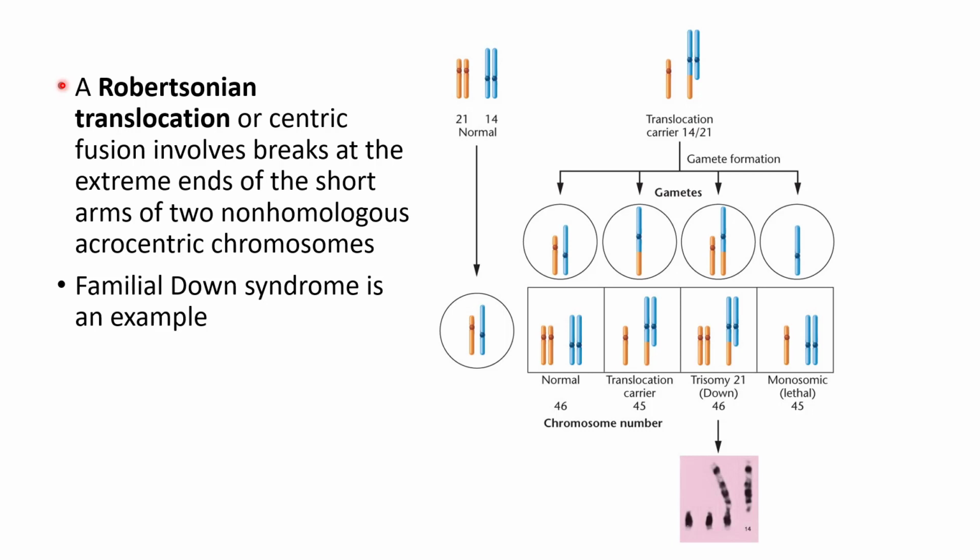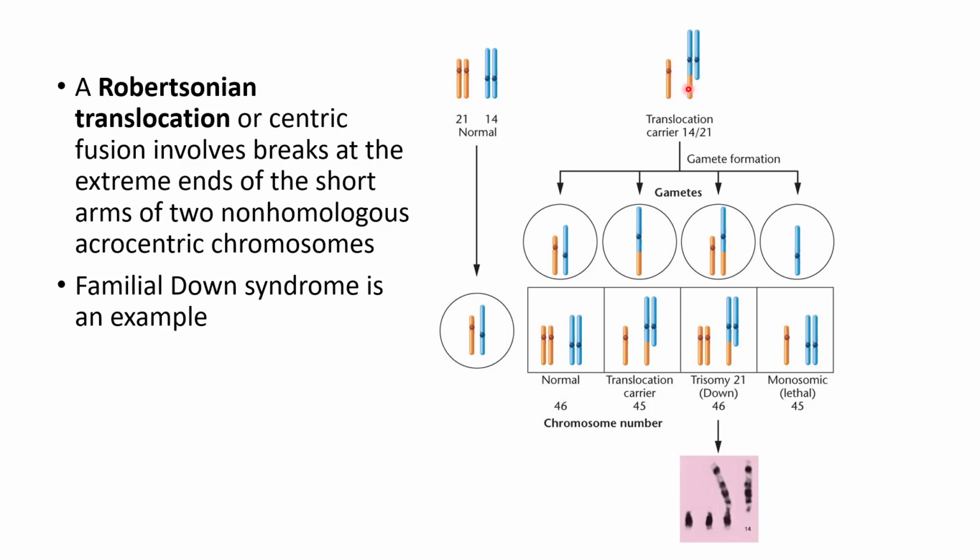We call this sometimes a Robertsonian translocation. This is one way in which you can get Down syndrome. So I spoke about how Down syndrome can result from a trisomy. But another way is that you could have a breakage on the end of one of your 21st chromosomes, and it can become translocated onto the 14th chromosome.